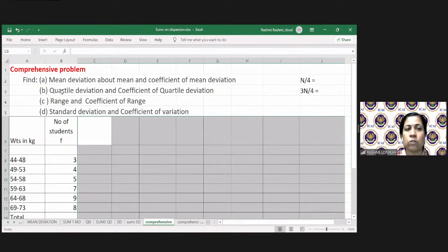I want you to try the sum at home. Okay, so that next time when we meet, I will give you the answers. So I want all of you to try this. If you are able to find mean deviation about the mean, coefficient of mean deviation, quartile deviation, coefficient of quartile deviation, range and coefficient of range, standard deviation and coefficient of variation, you have understood the chapter on dispersion, which is very important because you're going to need all these concepts later on also.